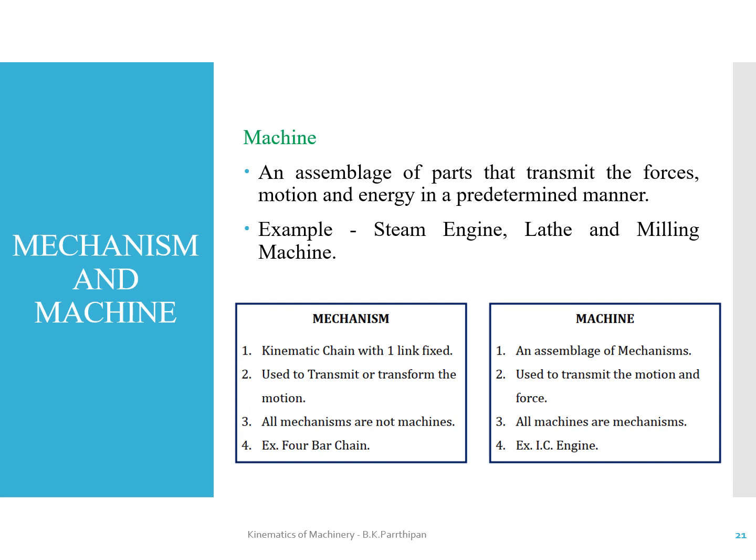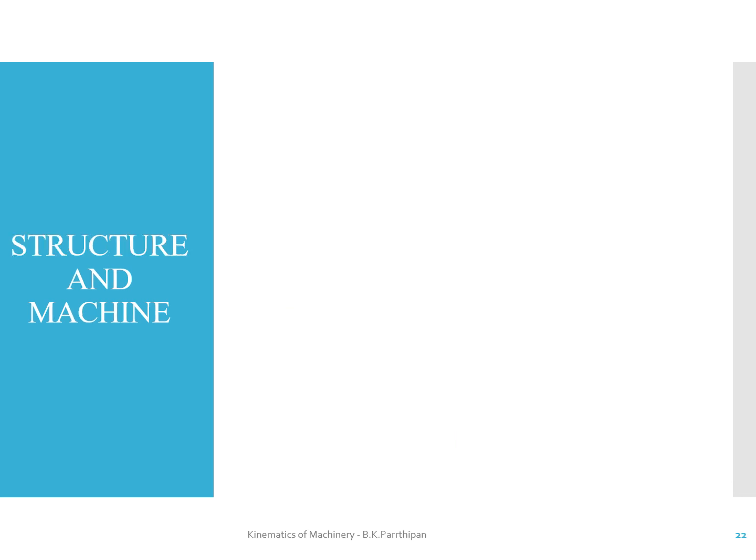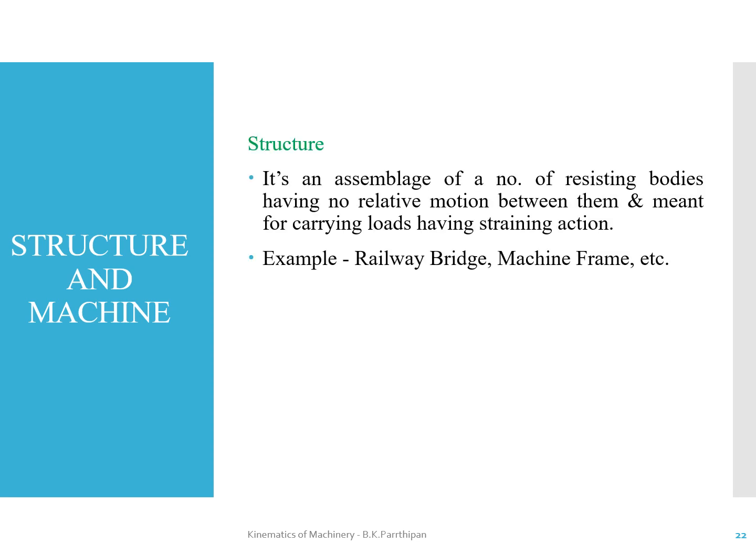Now we have to see another important difference, between a structure and a machine. Structure is nothing but an assemblage of resisting bodies which does not have any relative motion, so that it is meant only to carry loads. The examples are railway bridge, machine frame.